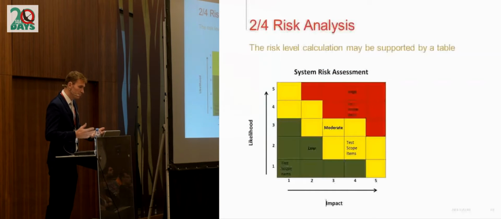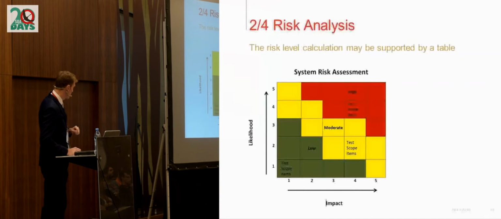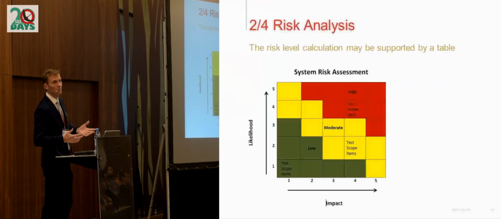And when we start doing this risk analysis, we very often use this kind of table to assess for each risk a level, and then depending on the level of the risk, we are going to put more or less effort, more or less test effort on the risk.